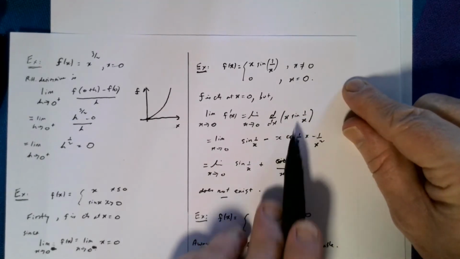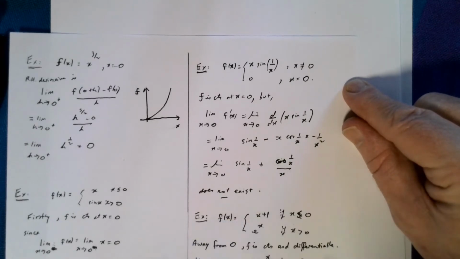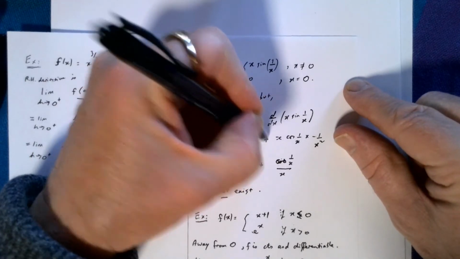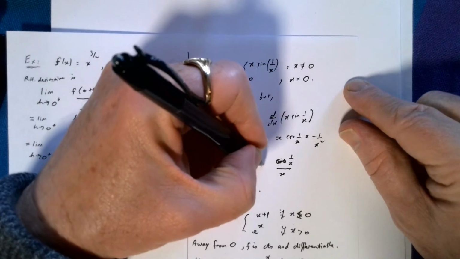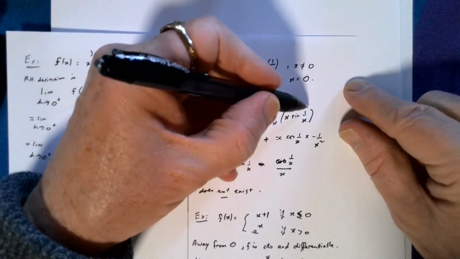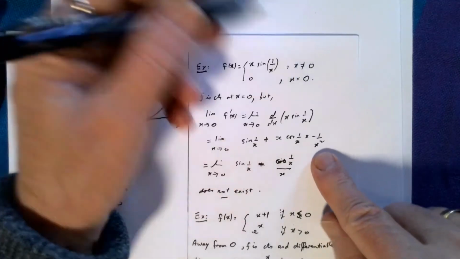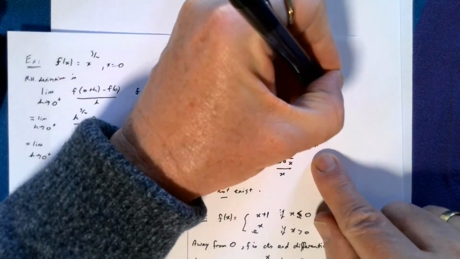So sine goes to cos, and I need a plus here. Sine goes to cos, and then I multiply by the derivative of what's inside here. The derivative of 1 over x is minus 1 on x squared, because this is x to the power minus 1.